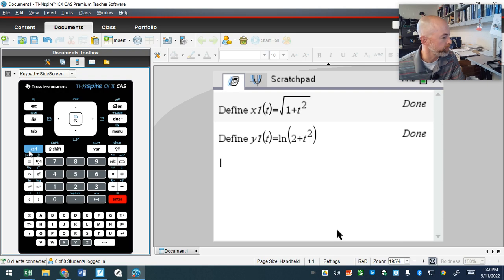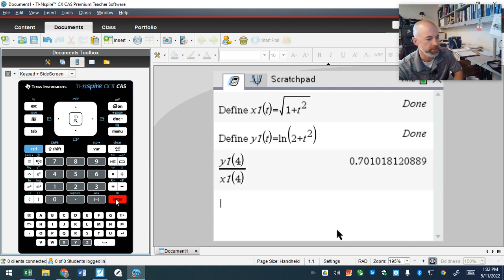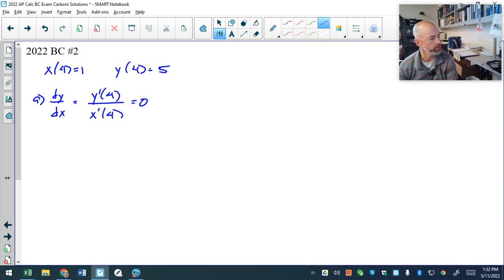Oh wait, y prime is what's given. I was thinking I was going to use the derivative at a point command. Okay, so I need y1 of 4 over x1 of 4. That's exactly what they gave me. Hit Control Enter to force the decimal, and I'm getting 0.701. Okay, that was nice.